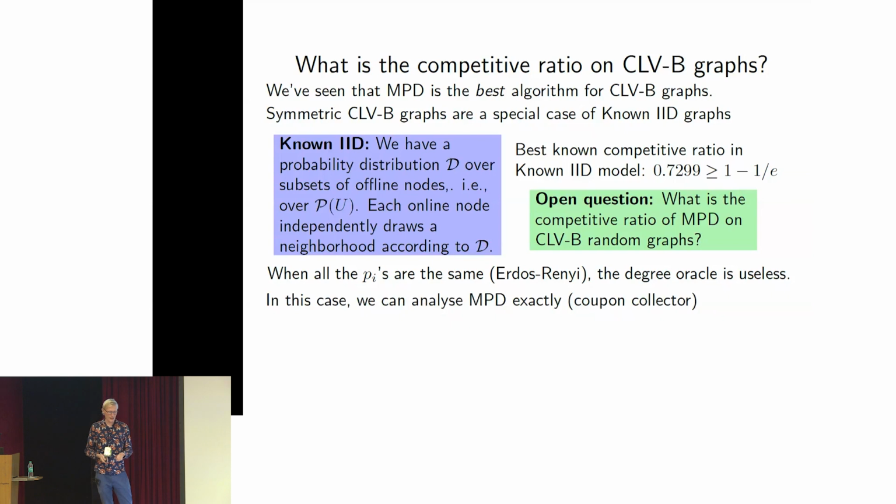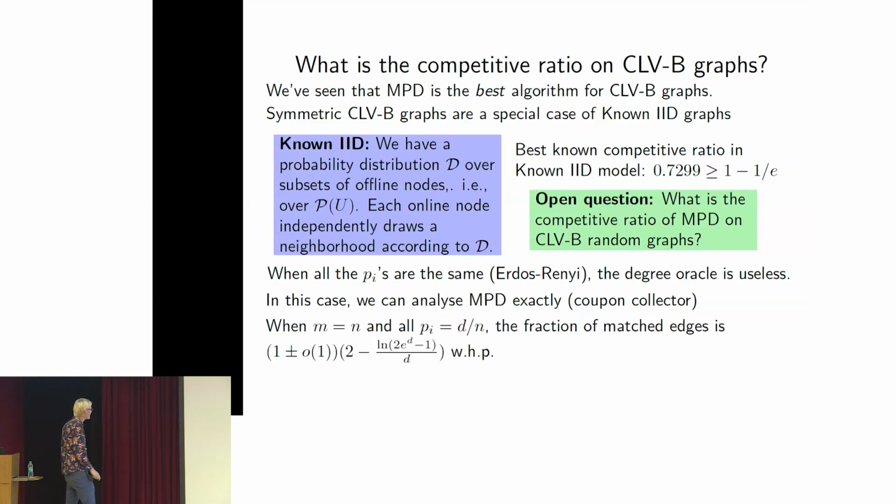And if you've ever seen an analysis of the coupon collector problem, you basically do the same thing. Since everything is symmetric, the time it takes to go from K to K plus 1 matched nodes doesn't depend on which node you matched. So you can run a similar analysis as in the coupon collector problem, where you look at the expected times to go from K to K plus 1 nodes, and you want all of these expected times to sum up to N. So if we just consider the simple case where M is equal to N and all PIs, let's say, are equal to D over N, then we can calculate the fraction of matched edges exactly.